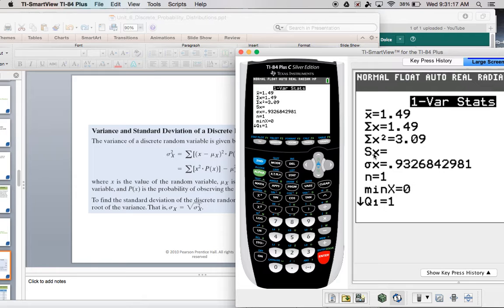Now, you won't have a sample because the sum is 1. That's why you won't have a sample. The L2 sum is 1. However, the standard deviation is 0.93. And if I square that number, if I square the 0.93, I'm going to get the variance.